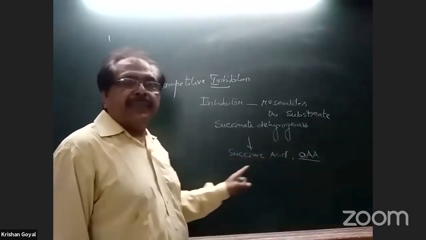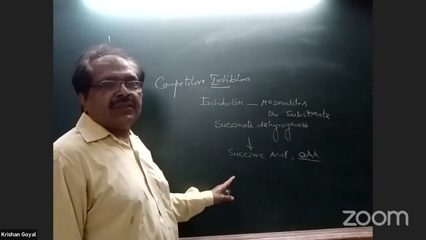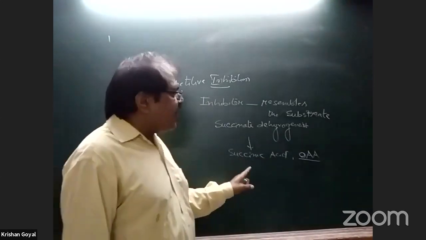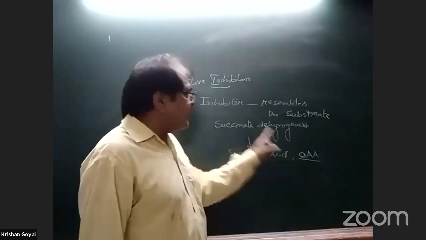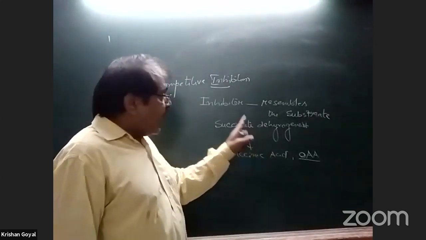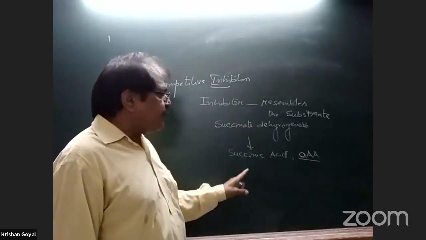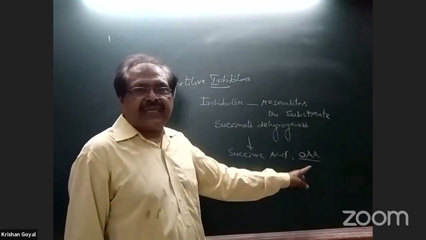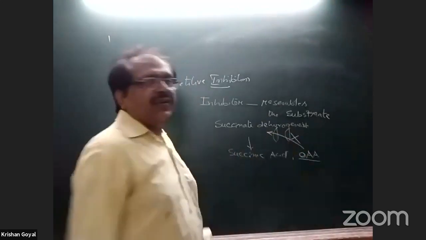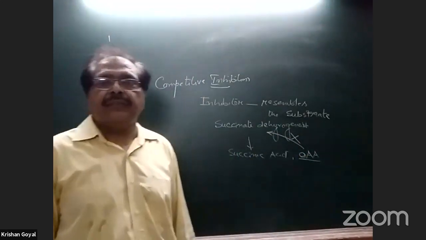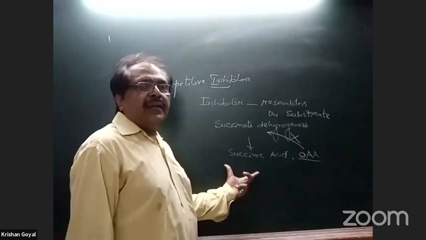That also resembles the succinic acid in its structure. So instead of succinic acid, oxaloacetic acid enters the enzyme. Now this enzyme is specific for succinic acid, not for oxaloacetic acid. When it goes here, no reaction will take place. Nothing will occur.